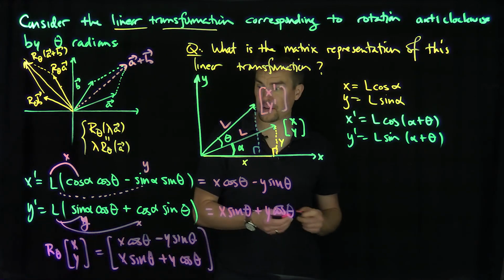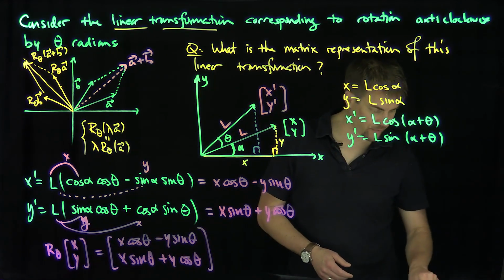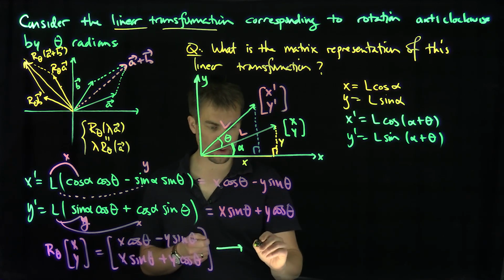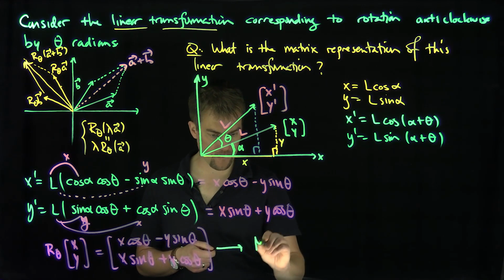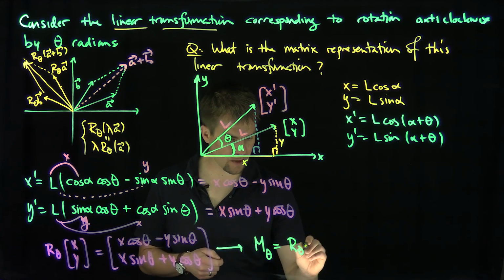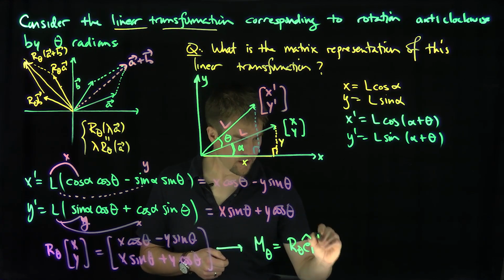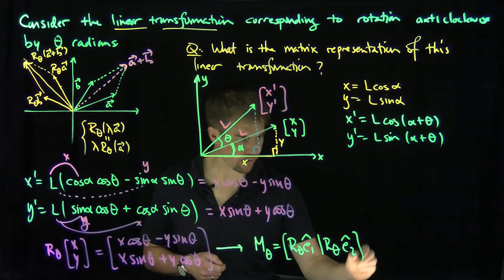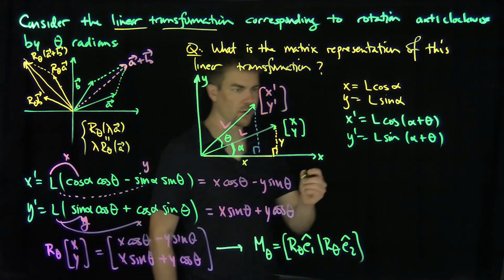For any linear transformation, I get a corresponding matrix. The matrix M theta for rotation is going to be R theta of e1 hat as the first column, and the second column is R theta of e2 hat.